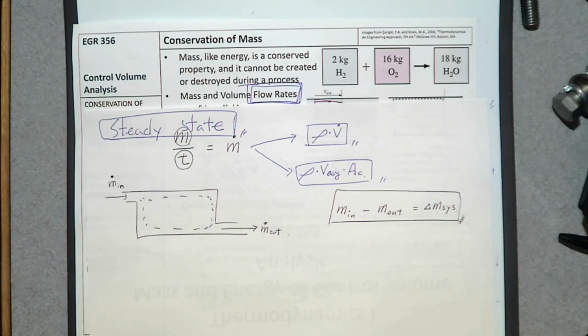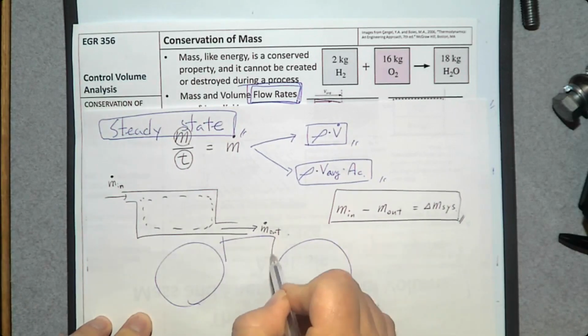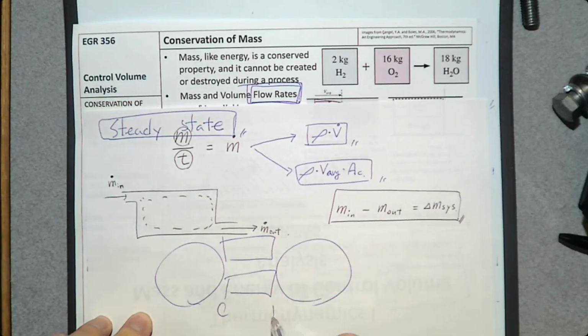What about when you drive a car? Is your engine unsteady or steady? At the beginning, we say warming up, so that's unsteady. But once it reaches a certain temperature, it is steady state. You remember that when you drive, you have a couple of gauges. One of them shows the temperature.